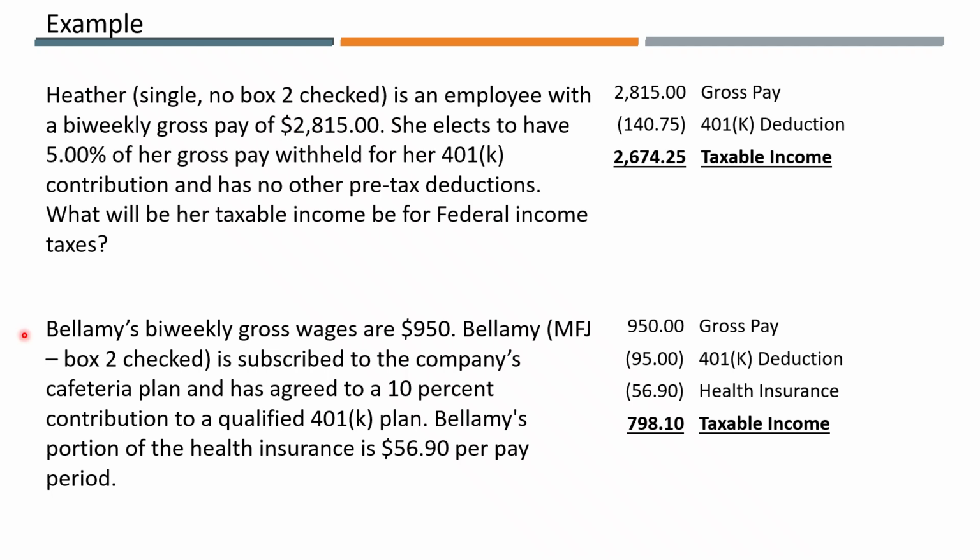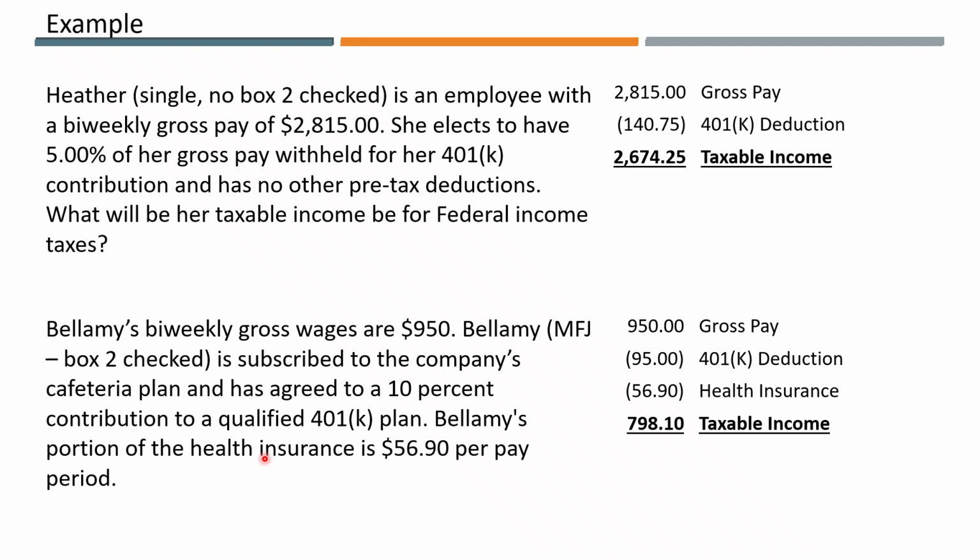Bellamy has biweekly gross wages of $950, uses the marriage filing jointly tax status, and checked box 2 on her W-4. She subscribed to the company's cafeteria plan and has agreed to a 10% contribution of her gross wages in a qualified 401k plan. Bellamy's portion of the health insurance is $56.90 per pay period.